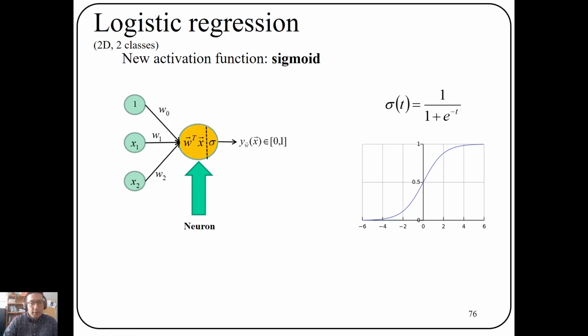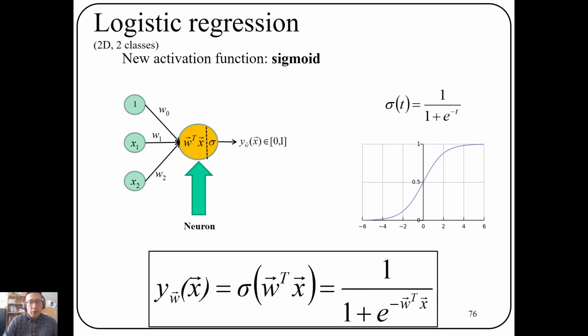Now, when we combine the sigmoid function and the dot product, this leads us to an artificial neuron, because again, an artificial neuron is nothing more than a dot product followed by a nonlinear activation function. And in the case of this neural network, the output of the neural network is the sigmoid of the dot product.